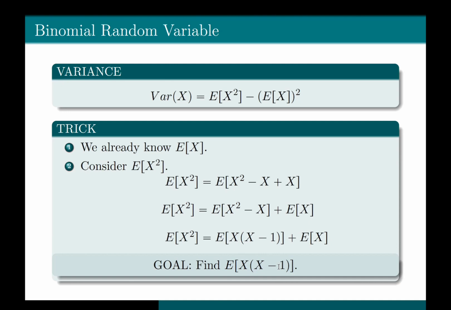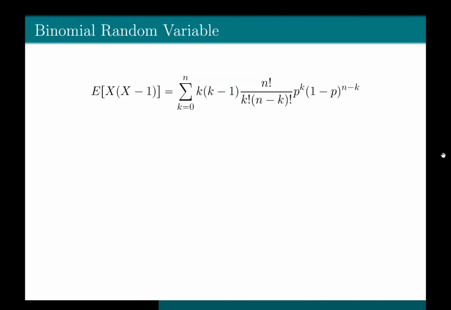Now remember, we will use this modification in finding the variance of most of the other discrete random variables. Okay, so now the goal is to find the expectation of X times (X minus 1). So what is expectation of X times (X minus 1)?